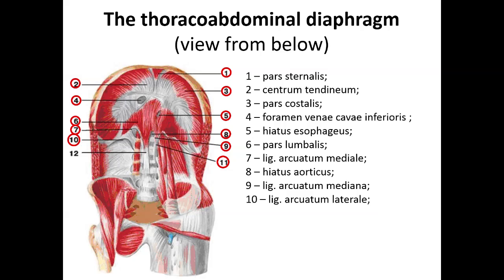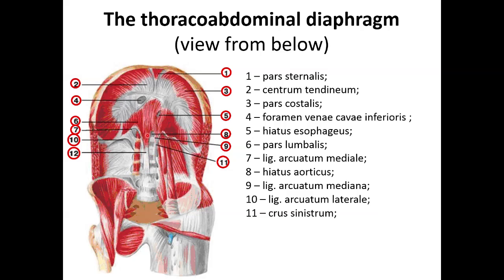Now, number 11. What is it, number 11? It's crus sinistrum, and number 12 is crus dextrum. So we can say that the lumbar part of the diaphragm starts with these two crura, crus dextrum and crus sinistrum.